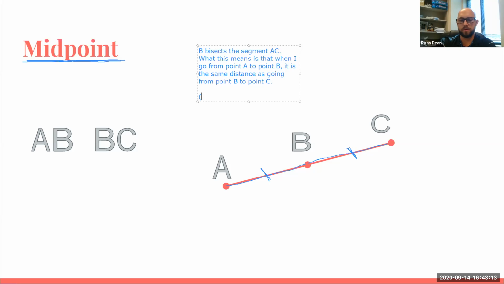Then we can also put in parentheses that B is the midpoint of segment AC. So midpoint, it's not a fancy word. It literally does exactly what it sounds like it does.